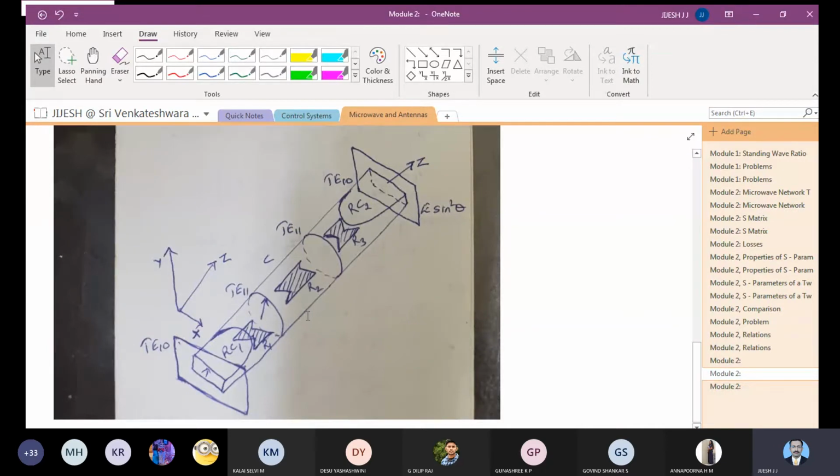Before, it was in two different subjects: microwave was an entire subject and antennas was another subject. Now they have merged it. So you can see any question paper related to this syllabus. Even if it is pretty old, no problem. Once you complete it, just let me know, then we'll proceed further.